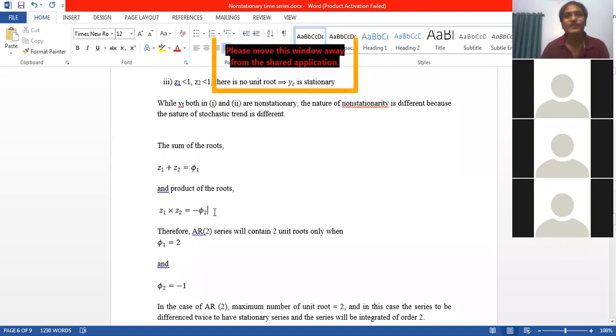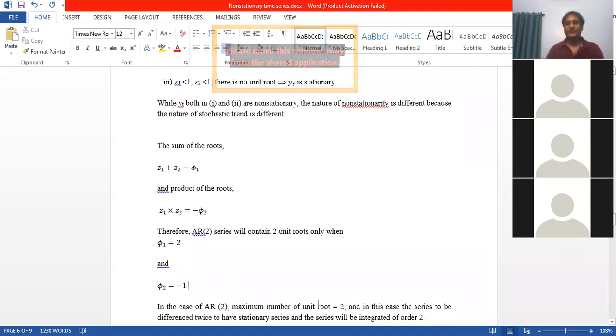Now, when both roots are equal to 1, if z1 is equal to 1, z2 is equal to 1, so obviously phi 1 will be equal to 2 and phi 2 will be equal to minus 1. Okay, so think about the basic structure of AR2. How do we express AR2?